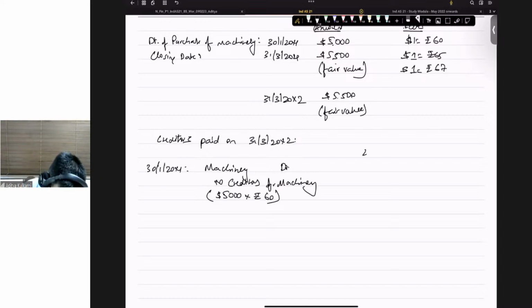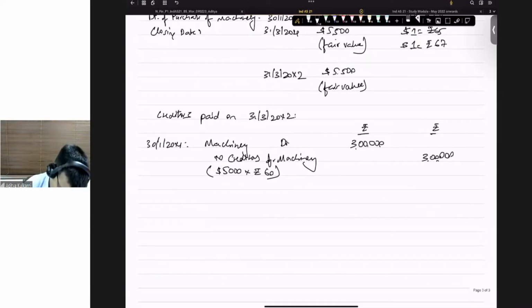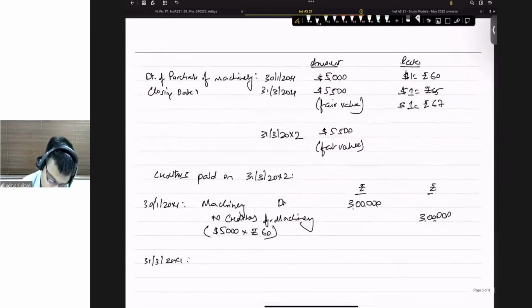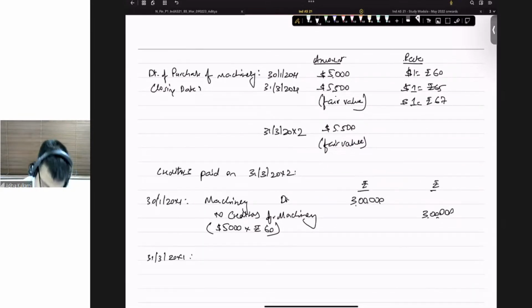So that comes to 3 lakhs. Next, 31st March X1, forex fluctuation, 60 became 65.